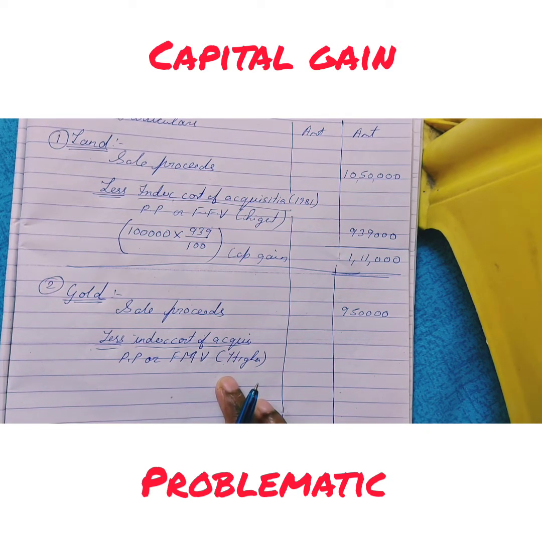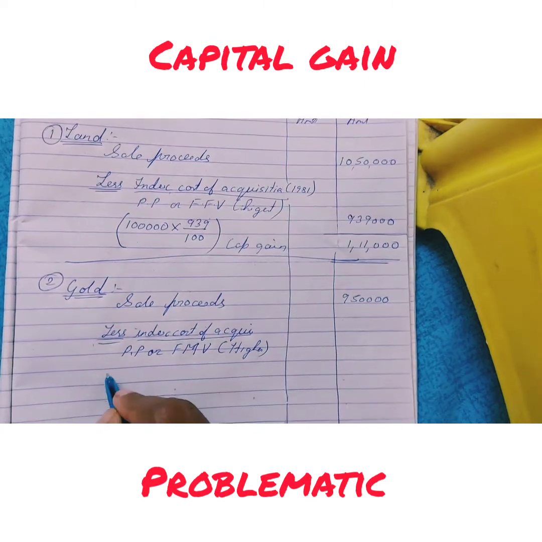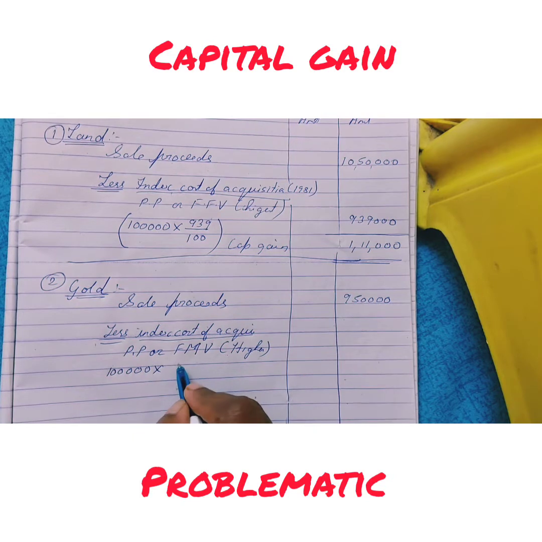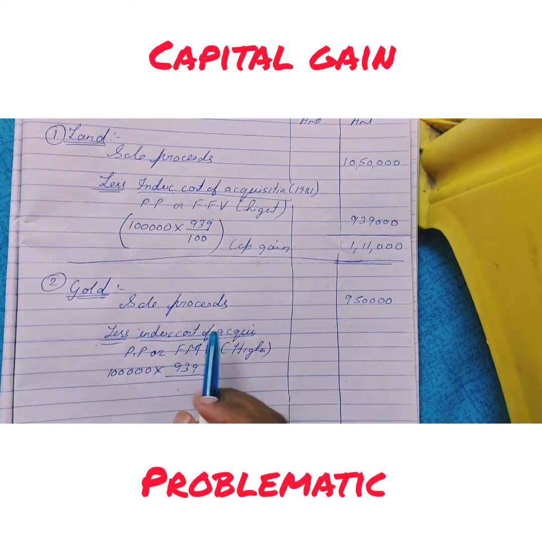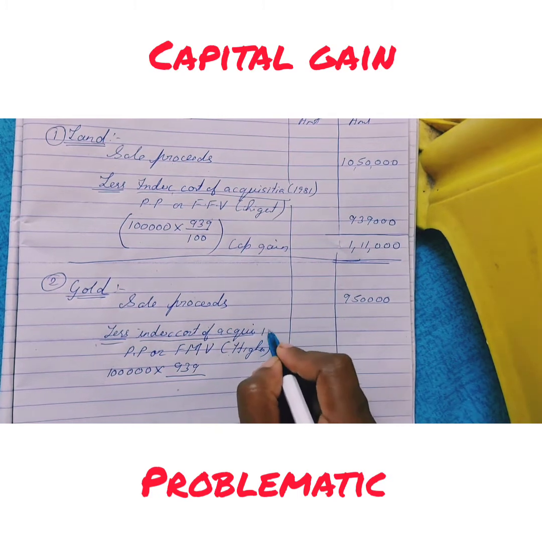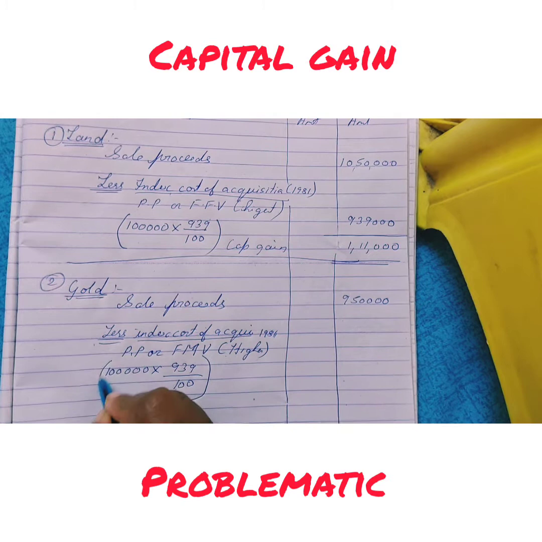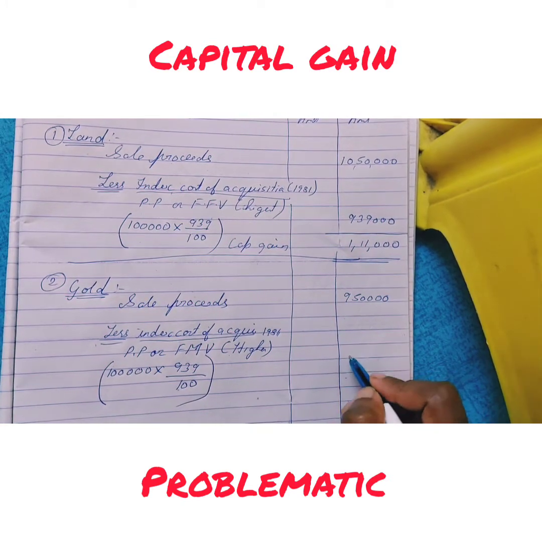The cost of acquisition or purchase price is 50,000 and the fair market value is 1 lakh. So I've taken the highest value, 1 lakh, into the current year's index divided by the index of the fair market value date, 1981. In 1981 the index was 100. So this is the method.